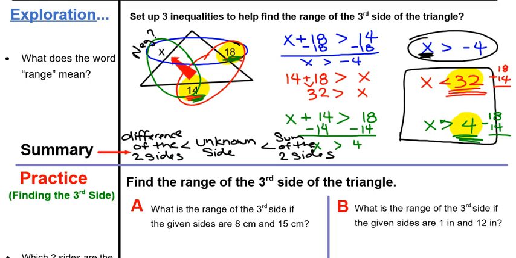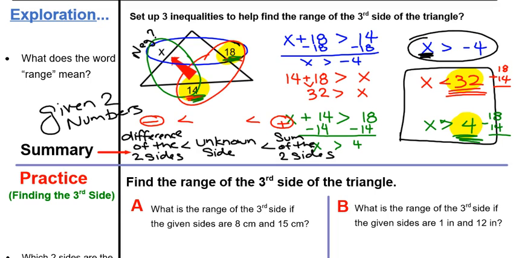When you are given two numbers, all you need to do is subtract them and add them and put your third side between them.